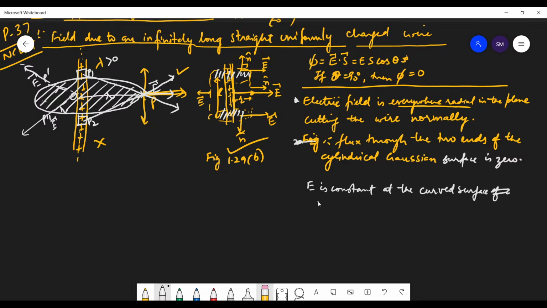What is the surface area of the curved part? We know the formula, 2 pi r h, where h is equal to L, the length of the cylinder.